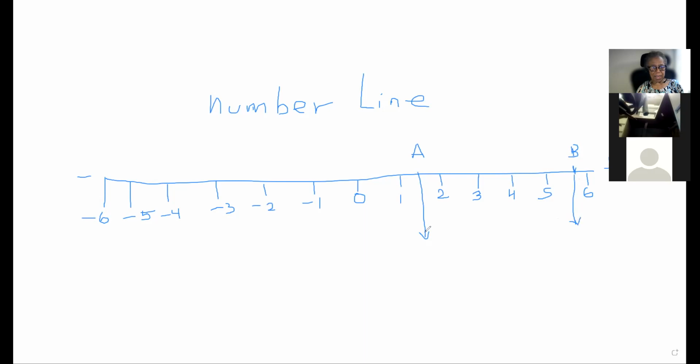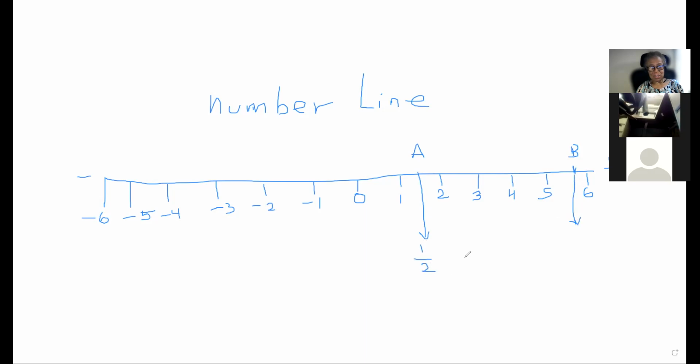What's the value of A between 1 and 2? Oh, between 1 and 2 is like a half. That's it, Maureen, very good. That's 1/2. Half. So I'm midway between 1 and 2.